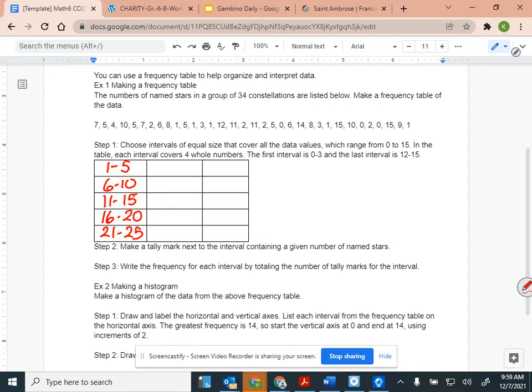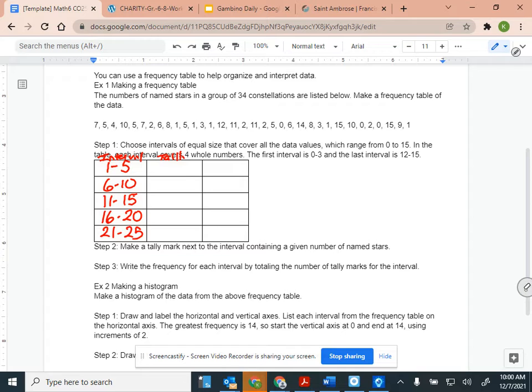So all of the numbers of the named stars are going to fall into those different intervals. So then we are going to make tally marks to determine, so we have our interval. Step 2 is to make the tally marks of how many times a number falls in that interval.